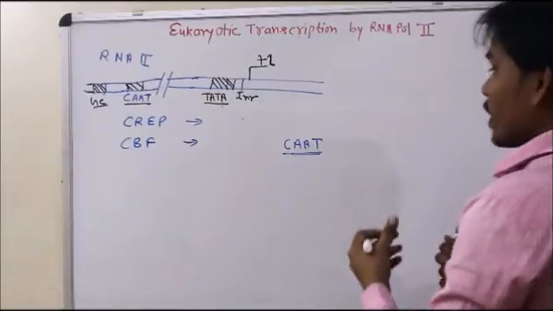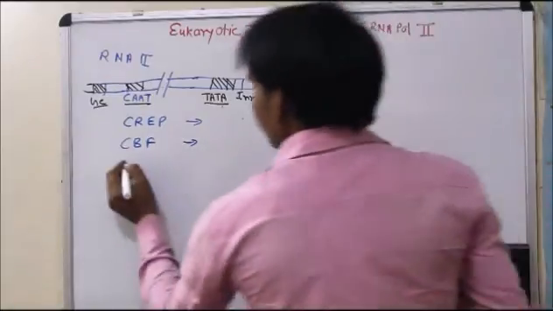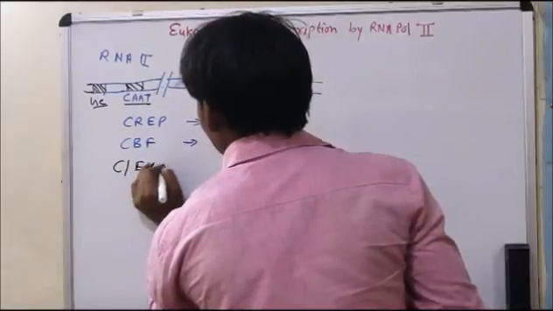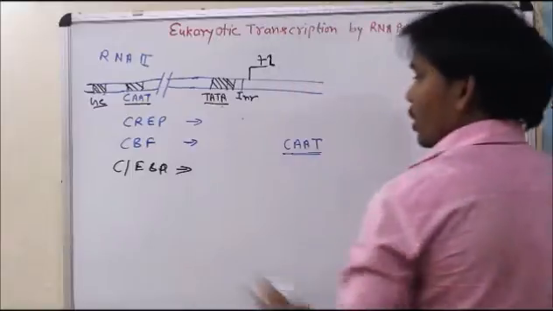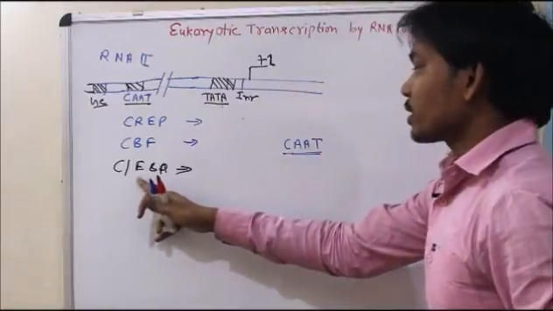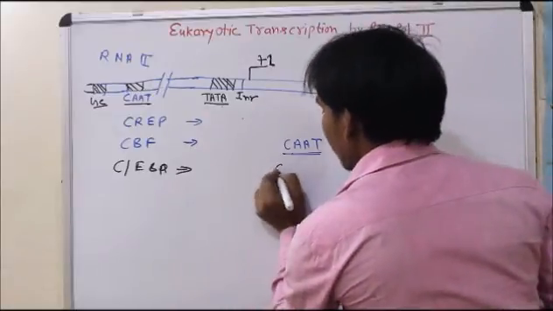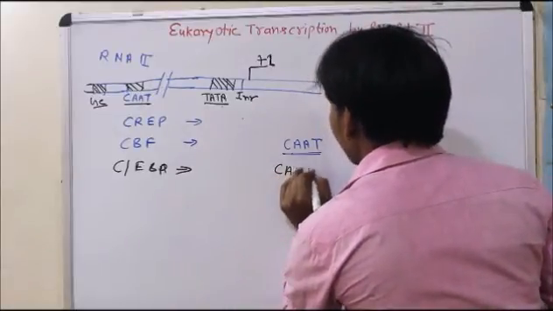So CAAT binding factors bind to the CAAT box, and another factor is called C/EBP, the CAAT enhancer binding protein, which also binds to the CAAT box.